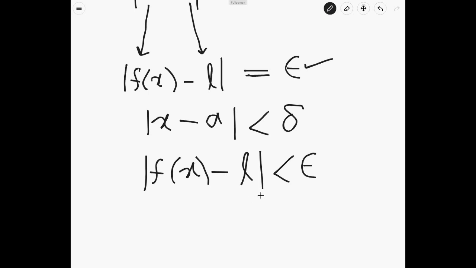I will again just state this definition. Note that this epsilon is also positive because you are taking the absolute value.